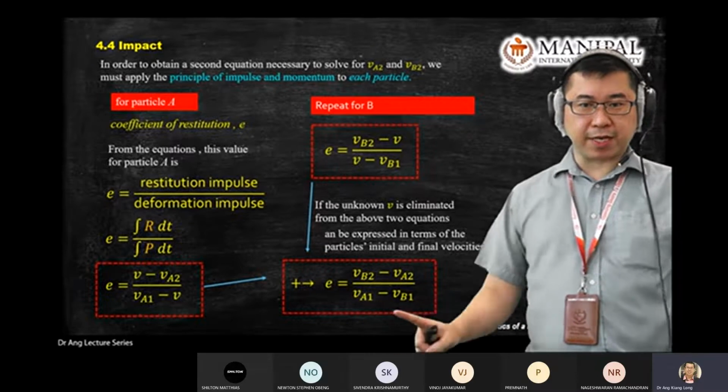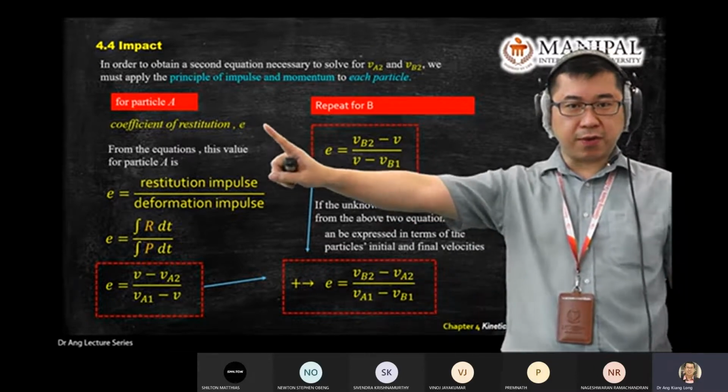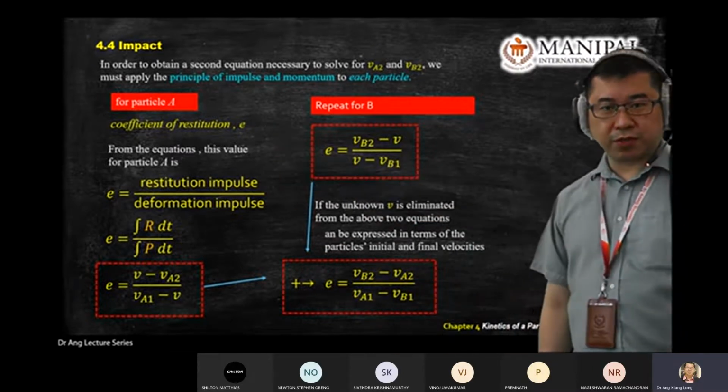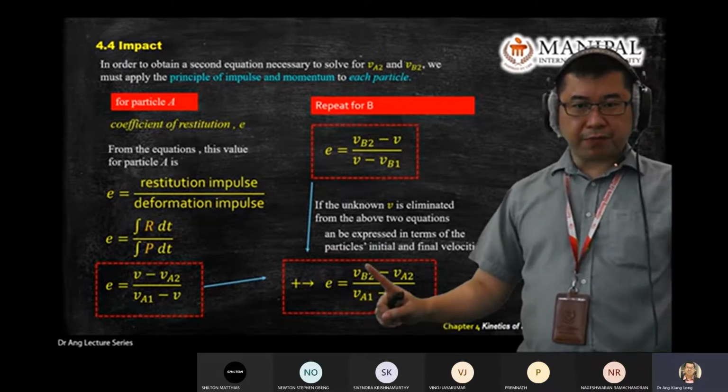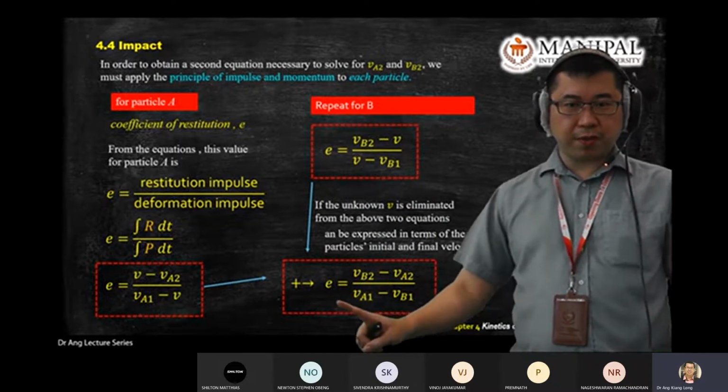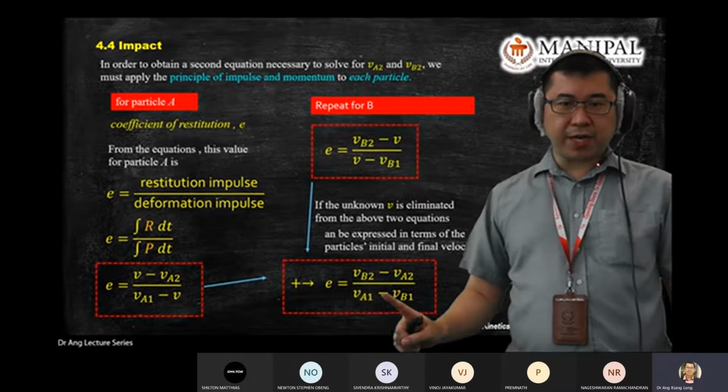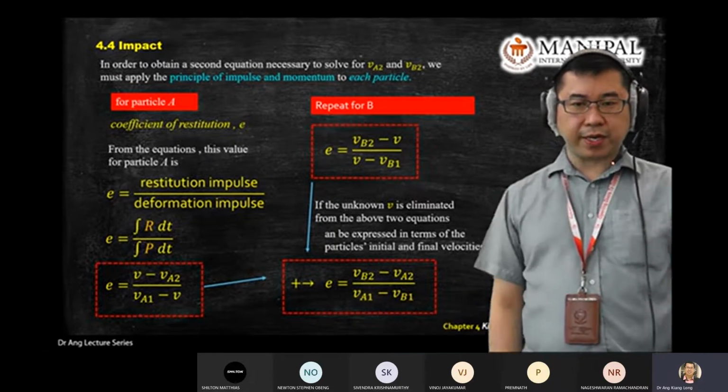So copy this one as your final equation for coefficient of restitution. E will be VB2 minus VA2 divided by VA1 minus VB1.